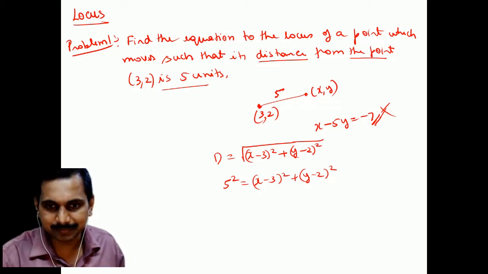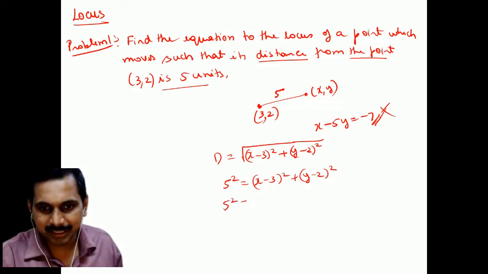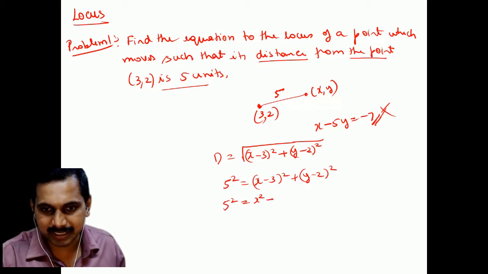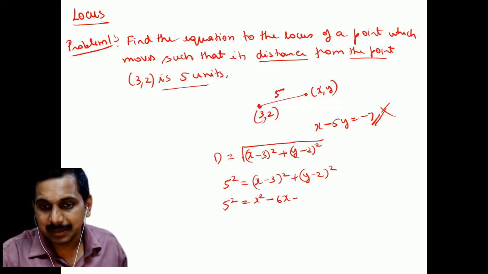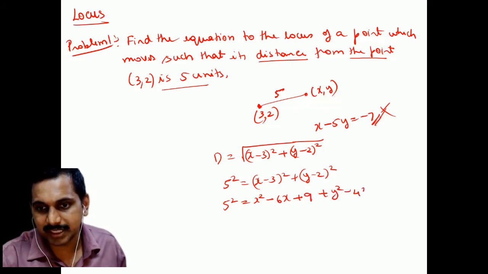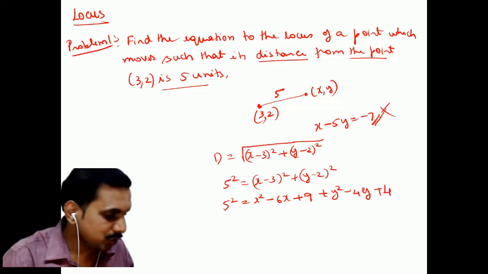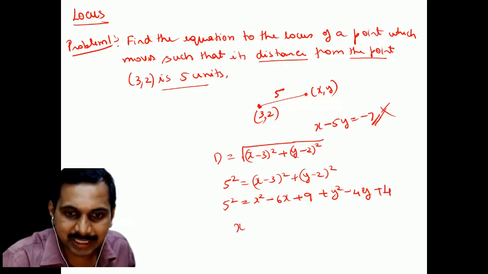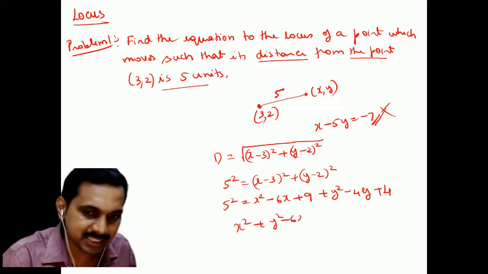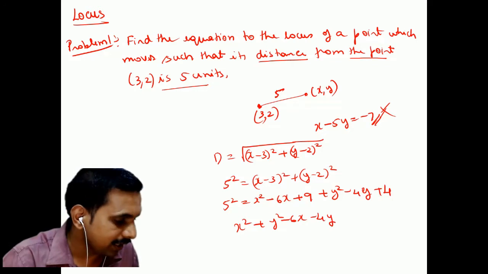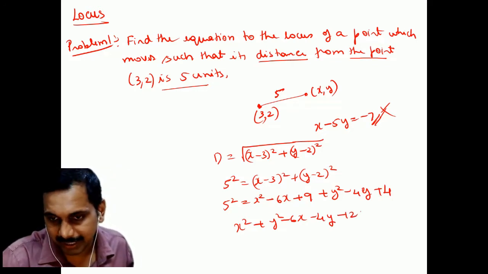Agreed, students? So it is x squared minus 6x plus 9 plus y squared minus 4y plus 4. You do that, you get the equation as x squared plus y squared minus 6x minus 4y minus 12 is equal to 0.